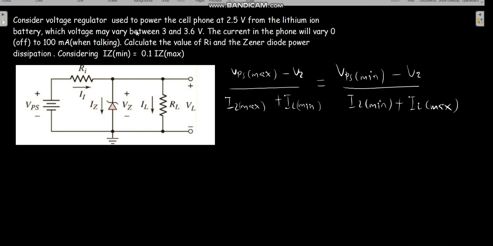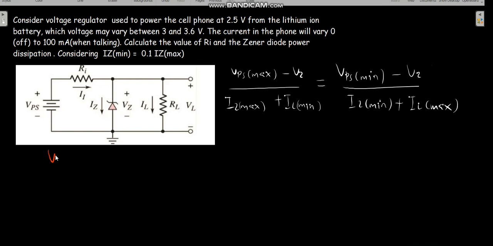First of all, the voltage regulator used to power the cell phone is at 2.5 volts. This gives us the voltage in the cell phone, which is the same as the voltage in the load. In this case, the Zener diode is the one supplying this voltage to the load, and you can see here that the Zener diode is in parallel with the load, so the voltage across the Zener diode will be the same as the voltage across the load.